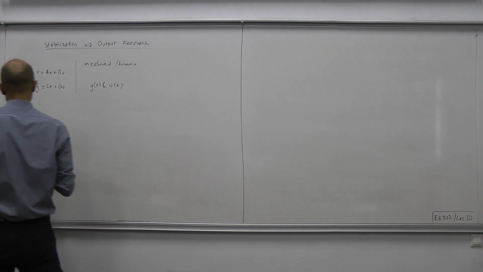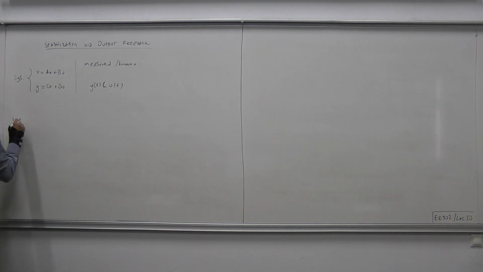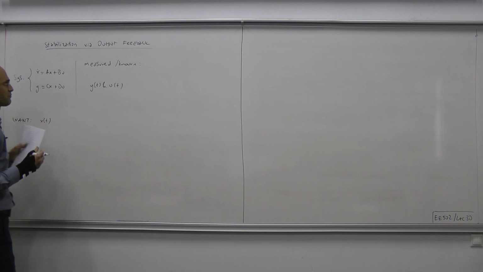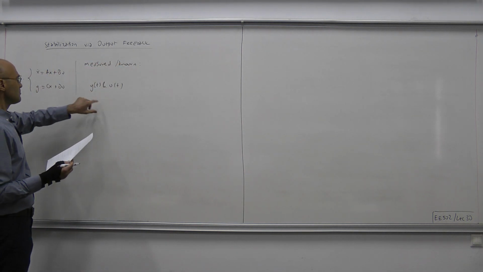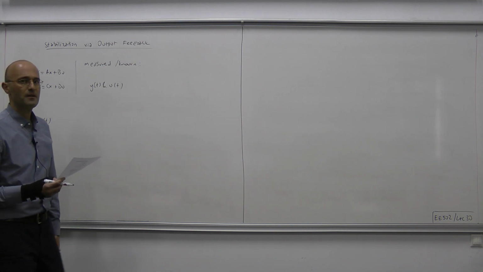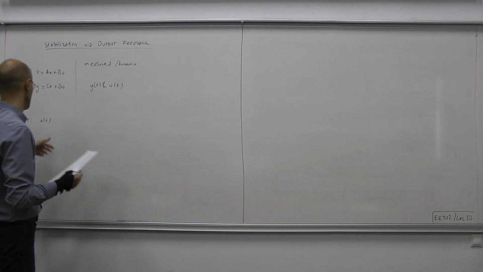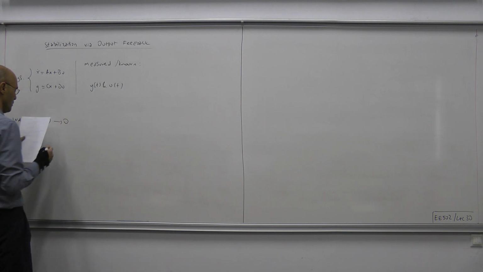What we want is to figure out a control input u of t based on the output information y of t, so that x of t converges to the origin.